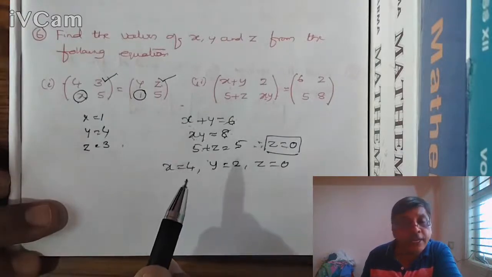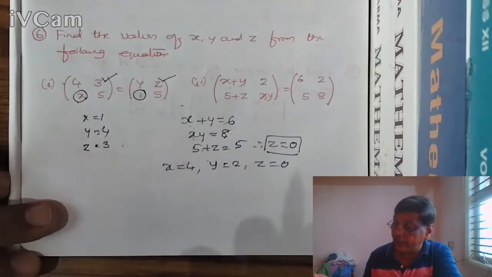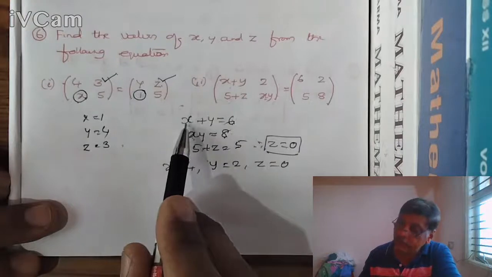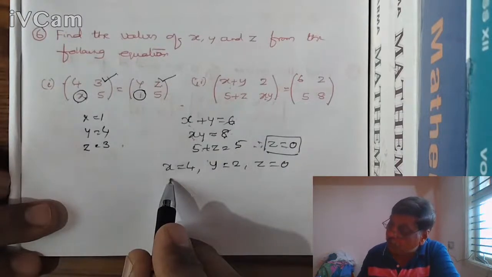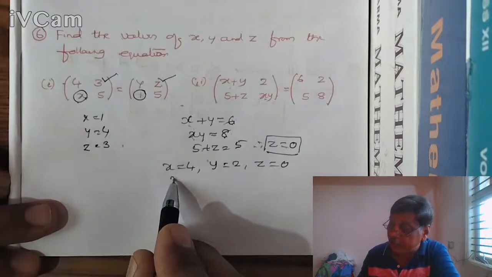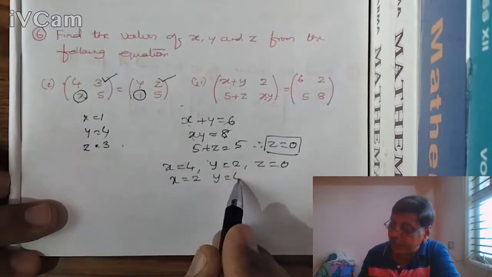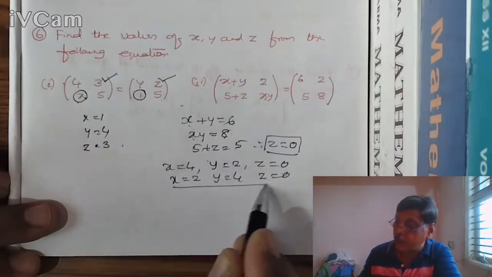Why not take y as 4? You can also take it like this, because 4 plus 2 gives 6, and 2 plus 4 is also 6. So one more possibility is there: if x is 2, then y is equal to 4. The z value is equal to 0 only.